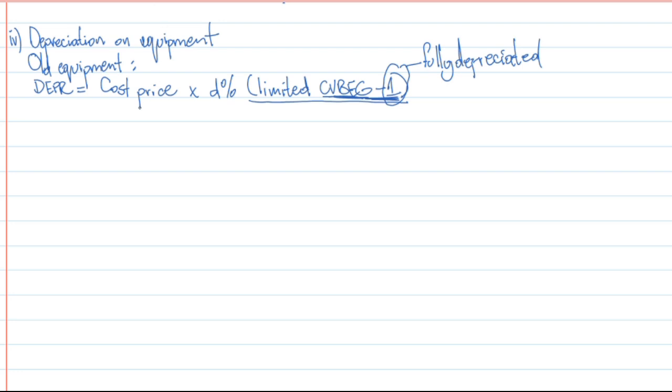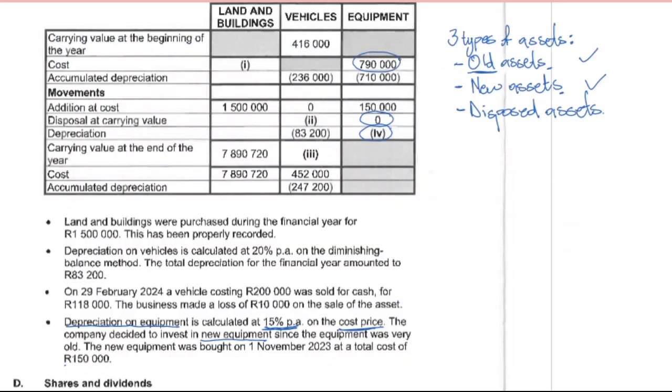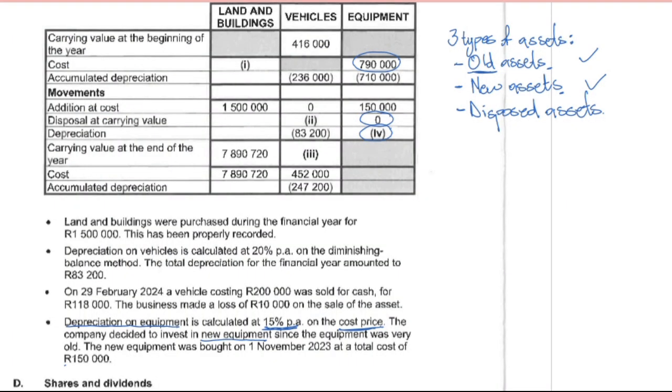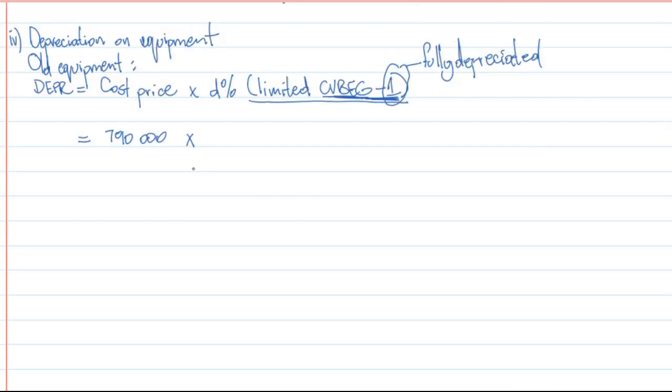So let's fill in the values for our equation. The cost price is equal to 790,000 rands multiplied by our depreciation rate, which is equal to 15% per annum, and all this is going to be limited to the carrying value at the beginning of the year.